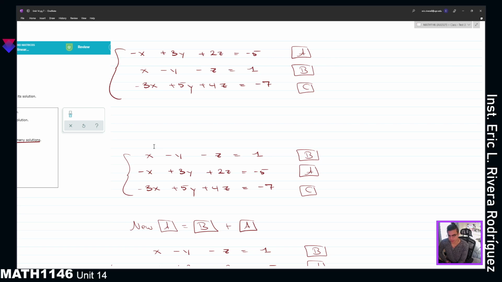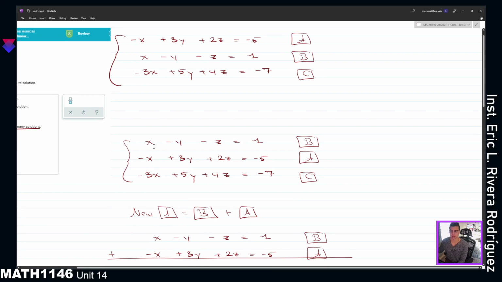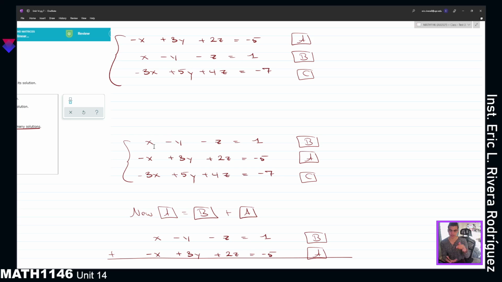So I started working normally with this system, the 3x3 system, by the method that we just reviewed, where we want to turn the system into a triangular shape and then do back substitution.